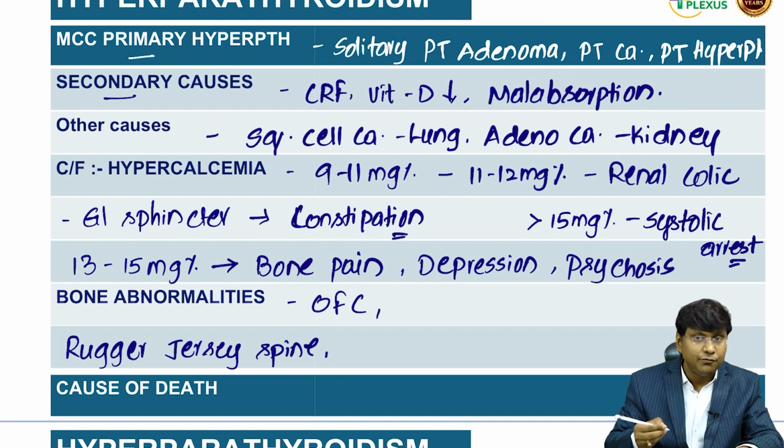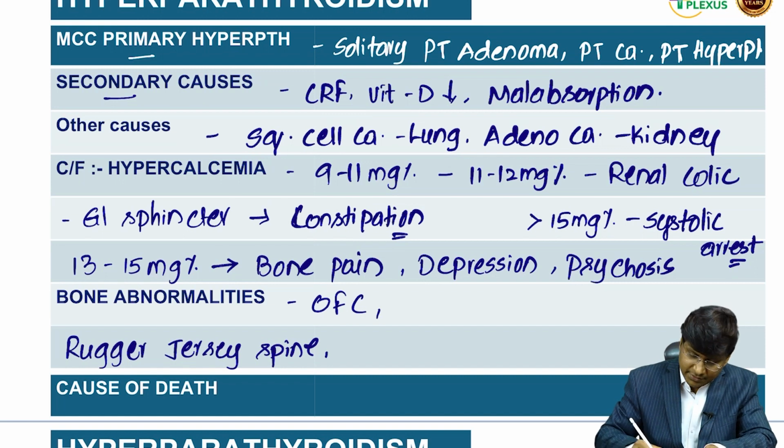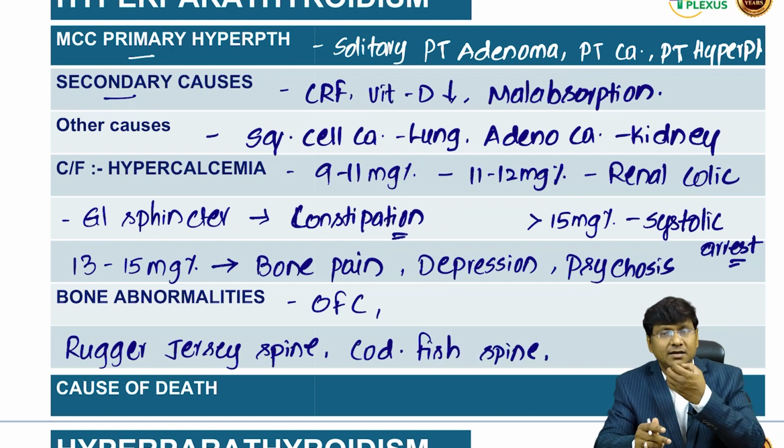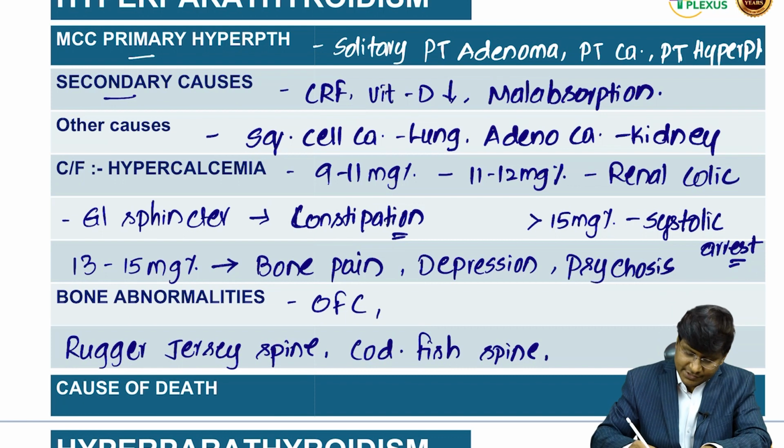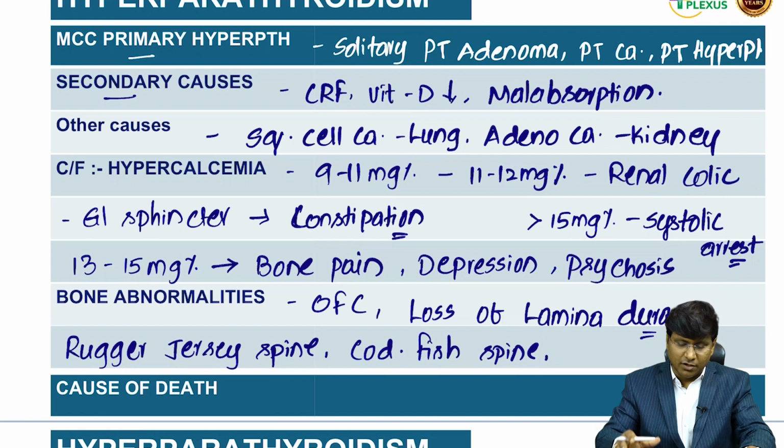Then the vertebra take the form of a codfish, and we call this the codfish spine. And the mineralization of the mandible that is lost, we call it loss of lamina dura. Lamina dura is the mineralized portion of the mandible, so there will be loss of the lamina dura.